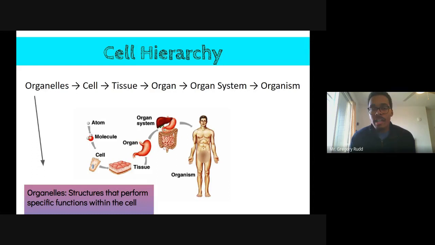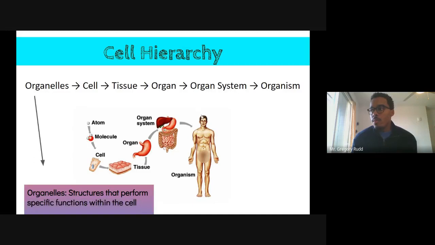Of course, there are some organisms that are more complicated than others. In some organisms, you can kind of exit out the last 4 layers of this hierarchy. There wouldn't be an organ system. There are no organs. There are no tissues. Some living organisms are literally just one cell.